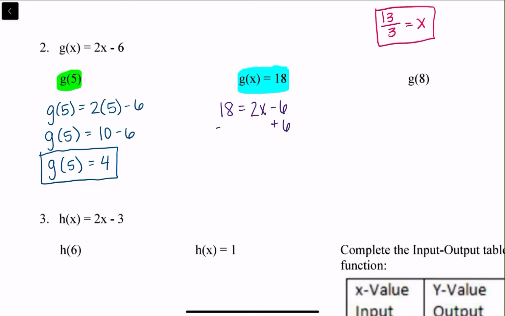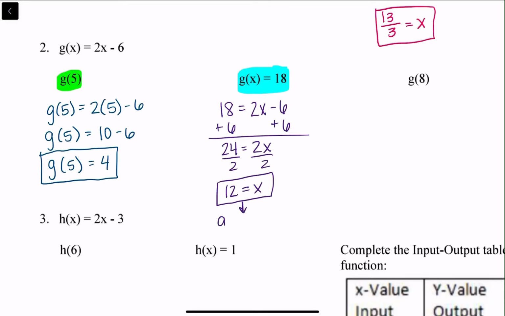Now I will add 6 to both sides. That gives me 24. And divide by 2. So in this case, x equals 12. I could also write that g of 12 equals 18.